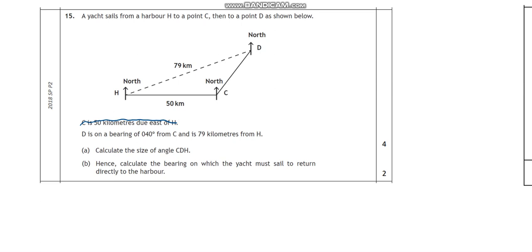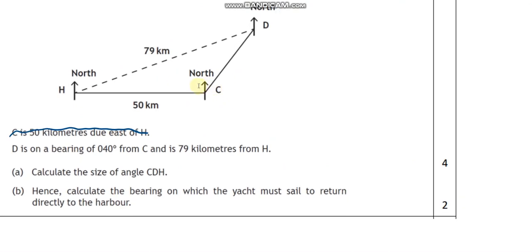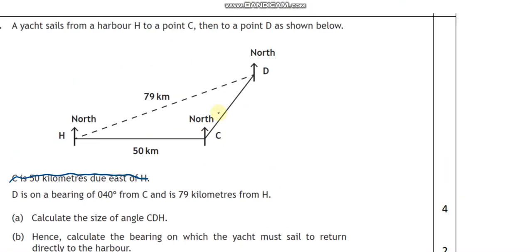D is on a bearing of 40 degrees from C. So let's zoom in here. What that means is that this little angle here is 40 degrees. Write that somewhere where you can actually see it. That is 40 degrees because we go from north and we go all the way around to the line we're looking for, and that's our bearing.